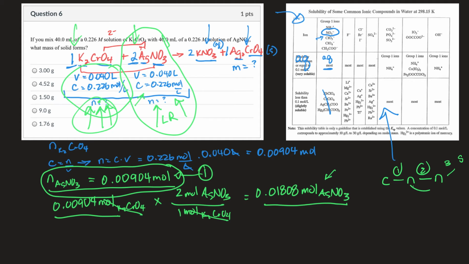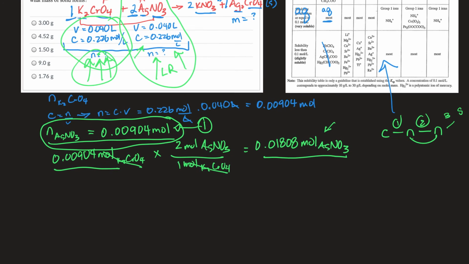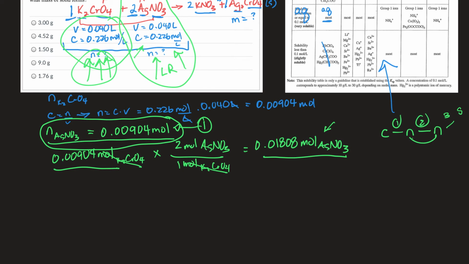Now I need to get across the river, so let me go down a bit. Different color. To get across the river, these are my moles of silver nitrate that I have, and I'm looking for moles of this one. And it's a 1.